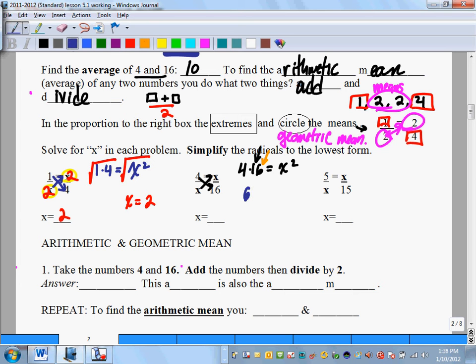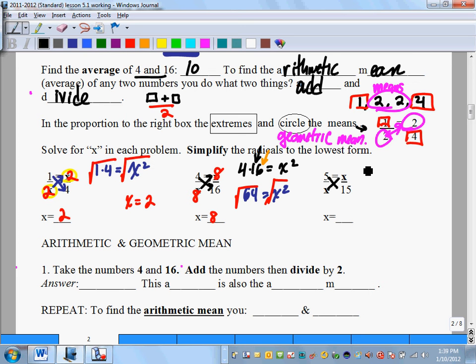So we have 64 equals x squared. Backtrack of a square is square root. And you get 8. So we put an 8 here and an 8 here. Let's check. 8 over 16 is half. 4 over 8 is half. Good.